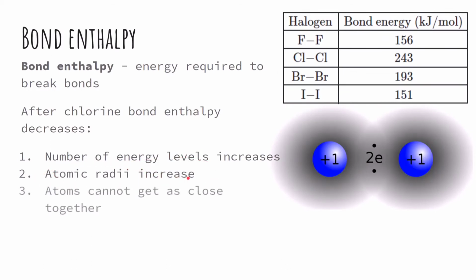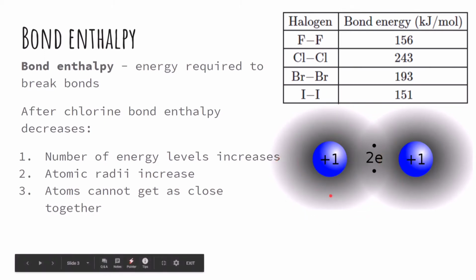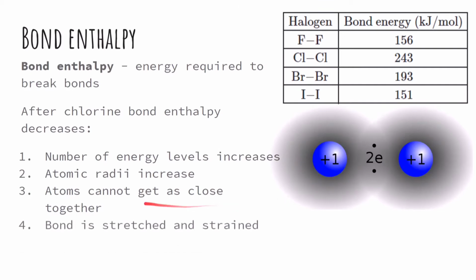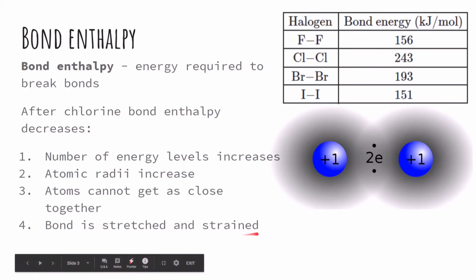And as the atomic radii increases, the atoms cannot get close enough together, and so the bond is stretched out and strained. So the bond is larger, and this means that less energy is required to overcome this stretched and strained bond.